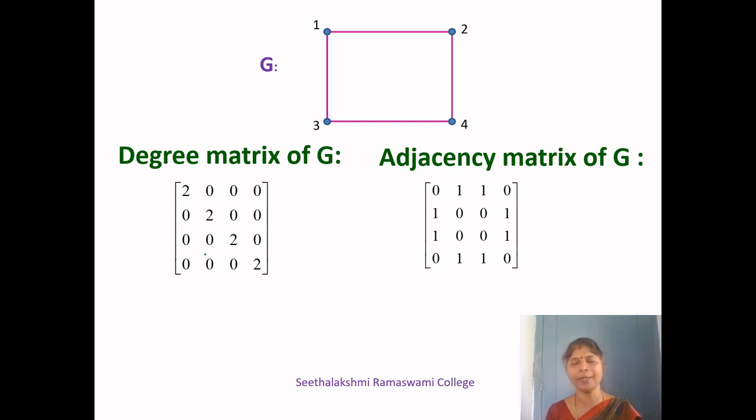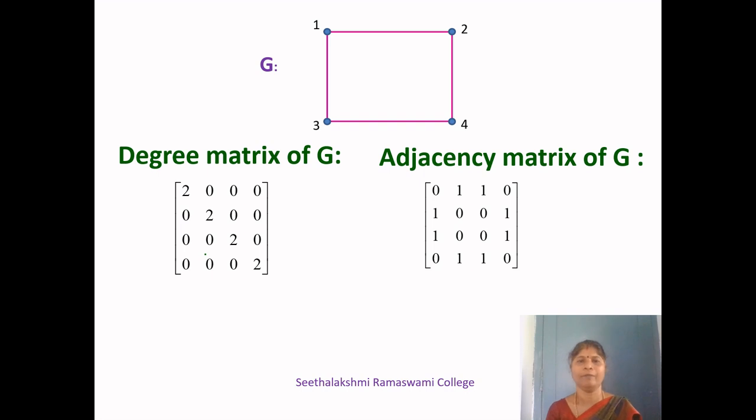Next, to find the adjacency matrix of G. The adjacency matrix is a matrix whose rows and columns correspond to the vertices of G. Here G has 4 vertices, therefore the adjacency matrix has 4 rows and 4 columns.